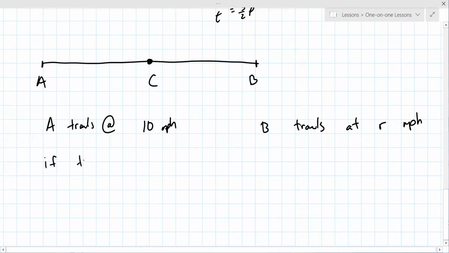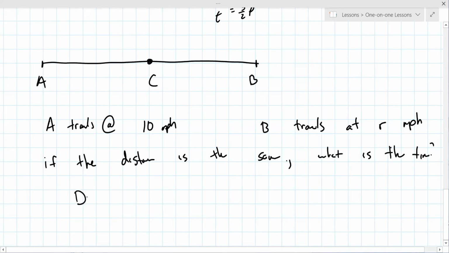If the distance is the same, what is the time, I guess we can ask for. So these are all in the category of distance equals rate times time.